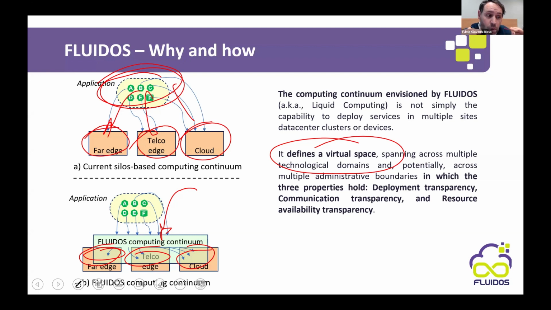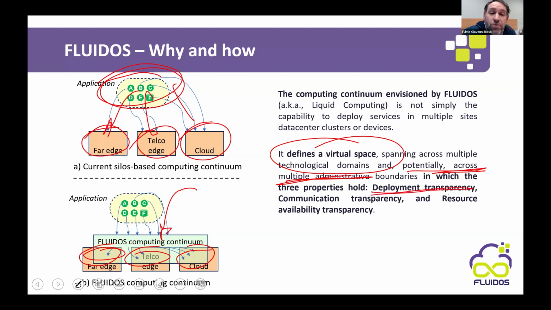We support multiple technological domains and potentially multiple administrative domains, because all the entities may not be under the control of the same actor. So the smartphone is mine, the cloud is owned by Amazon, and maybe the laptop is owned by my friend, and so on. Those are the two dimensions, technological and administrative, in which we define three properties in our project.